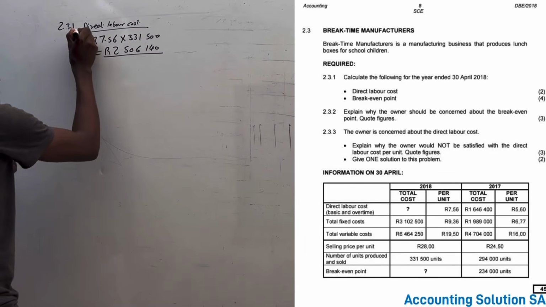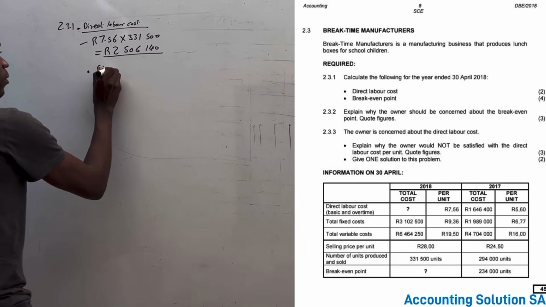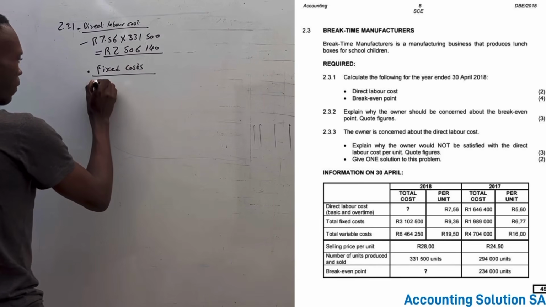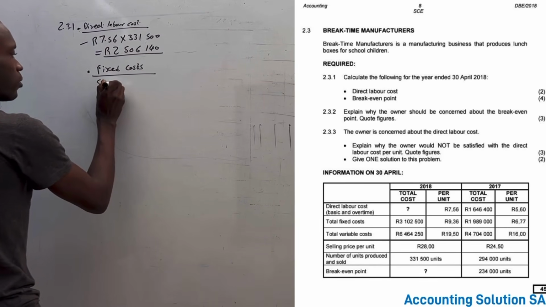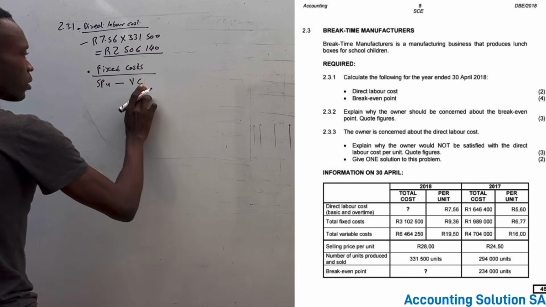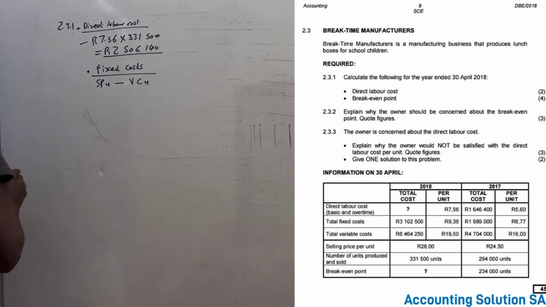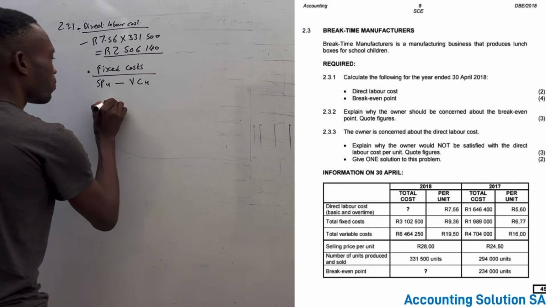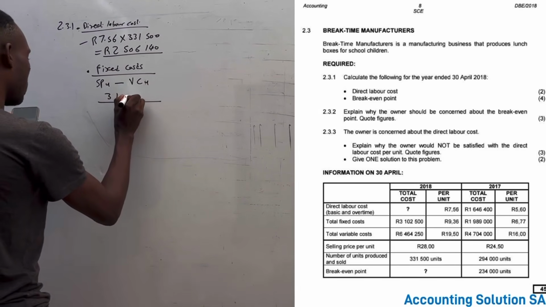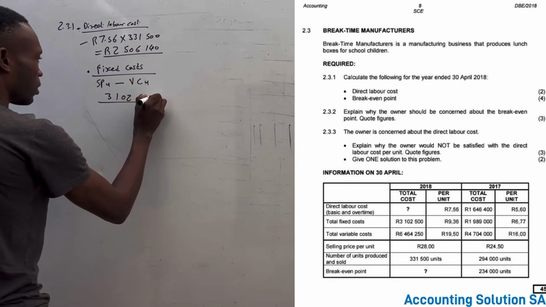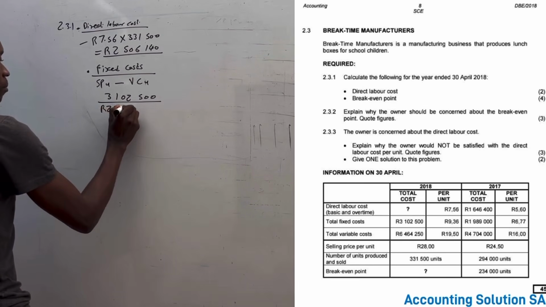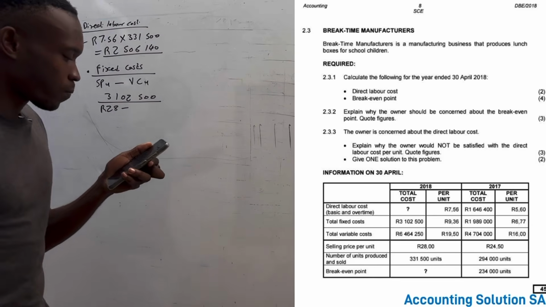Break-even point, guys, know the formula, which says fixed cost divided by selling price per unit minus variable cost per unit. That's the formula that you need to apply. So if you check our fixed cost on the table, we are given an amount of 3,102,500, and a selling price of 28 rand minus variable cost, they give us the total.